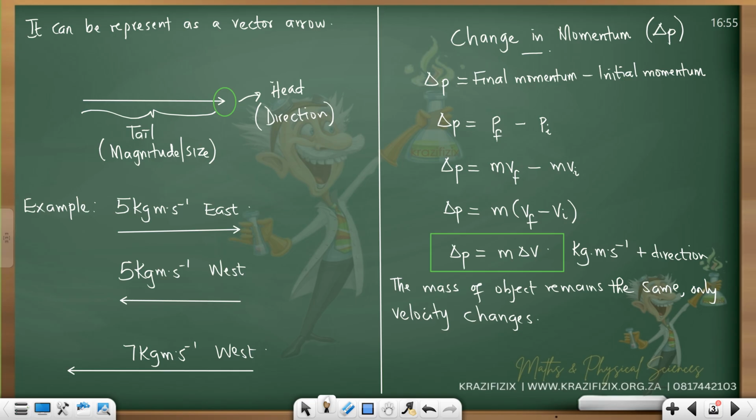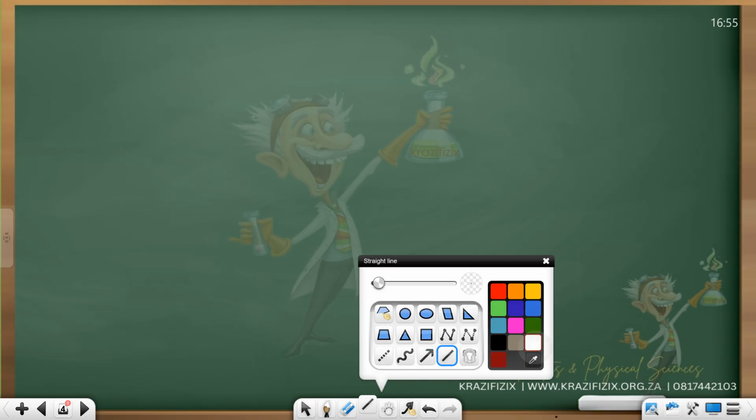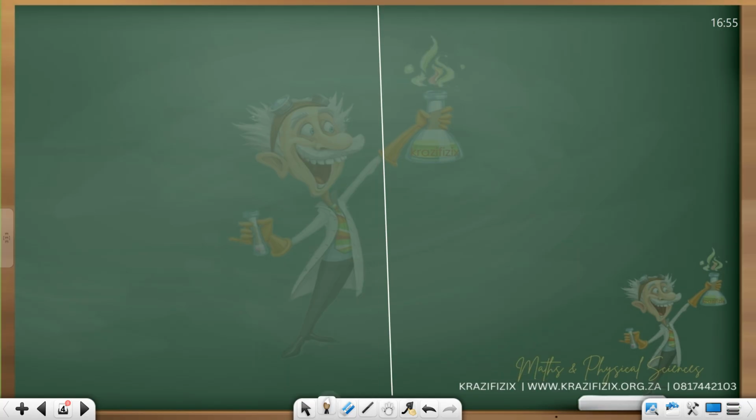Okay, we're looking at this concept of change in momentum. Let's see something here quickly. Examples of change in momentum. Okay, let's say what's this? A cricket ball. I don't like this game.